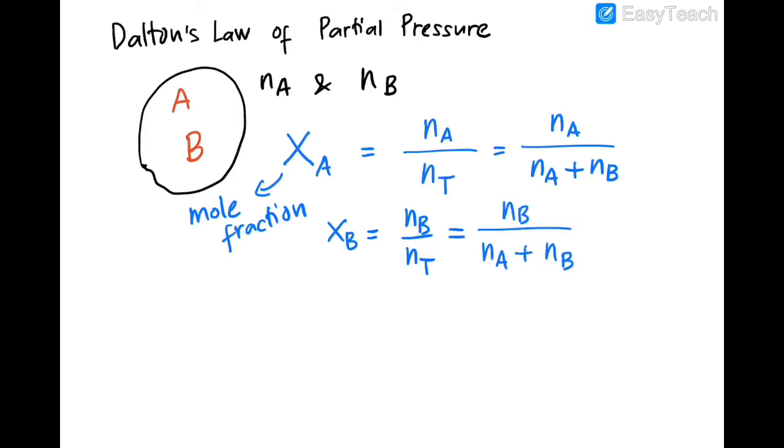Dalton's law states that the pressure of A is equal to the mole fraction of A multiplied by the total pressure, while the pressure of B is the mole fraction of B multiplied by the total pressure. The total pressure itself is, of course, the sum of the partial pressures of all the gases.